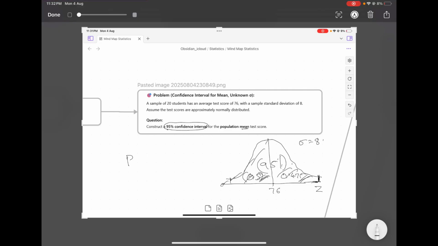So first we will find Z corresponding to 0.975.